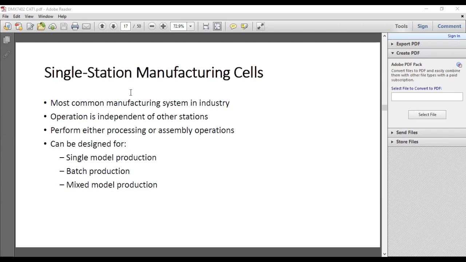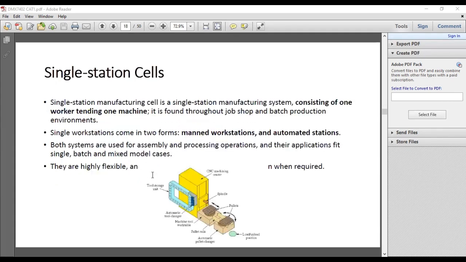It can perform processing or assembly operations, and it can be designed for single mode production, batch production, and mixed production.